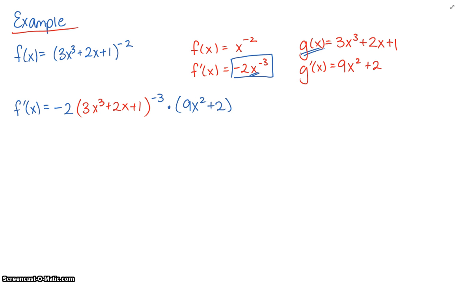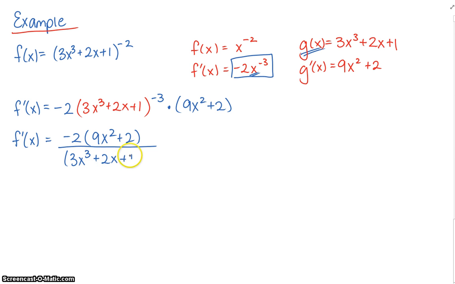We then can rewrite it and simplify it a bit. Negative exponents go to the bottom, so you will have -2 times 9x squared plus 2 all over 3x cubed plus 2x plus 1 all to the 3.